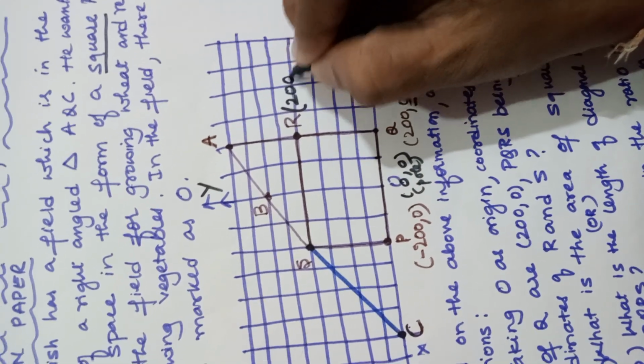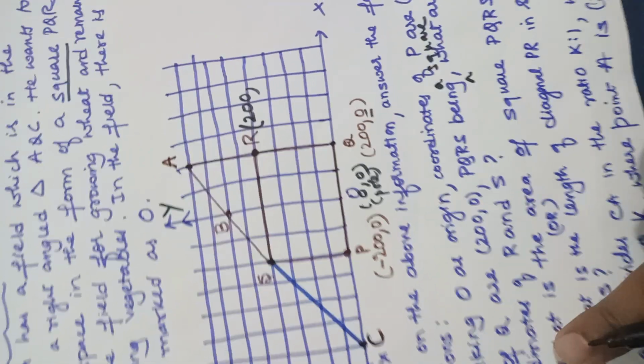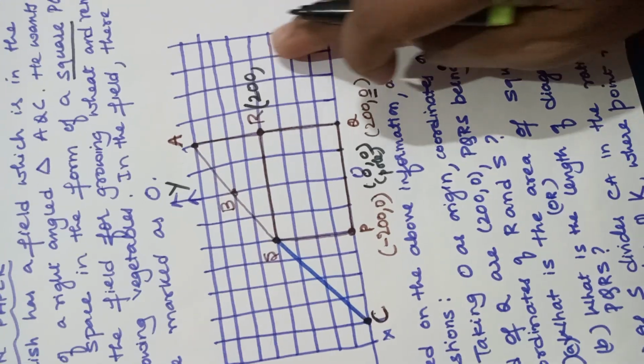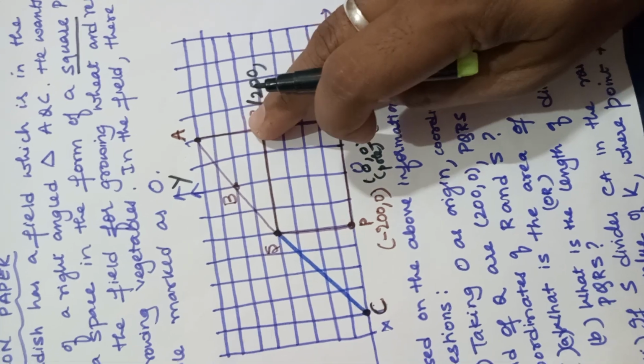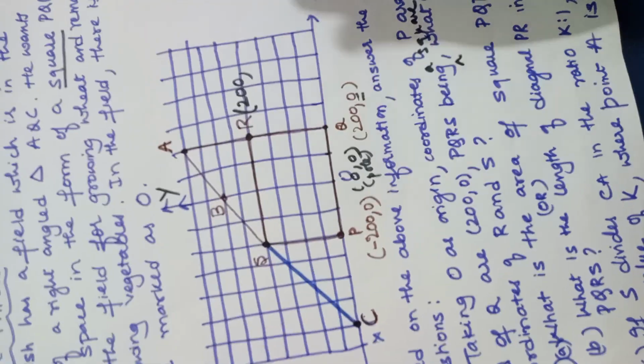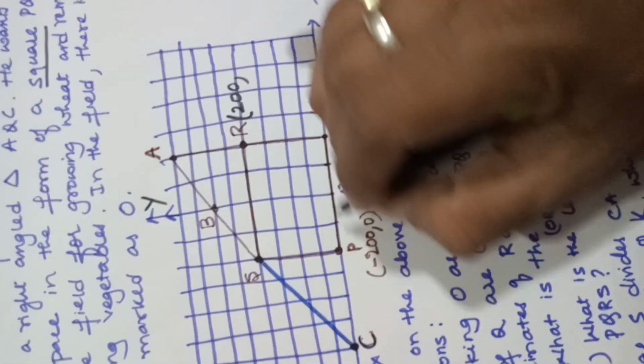So in this way we'll be able to determine the abscissa of the point R. We need to determine one more coordinate of R, which is nothing but the ordinate. For that we need to know what is the value of 1 unit of this graph. Here PQRS is a square.